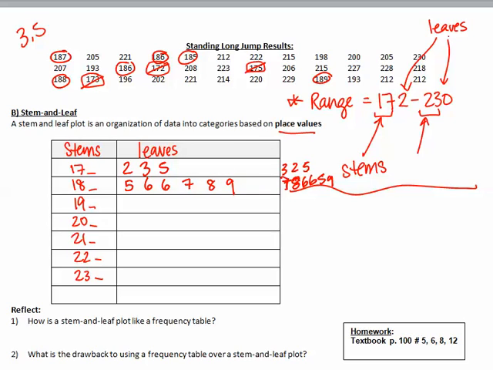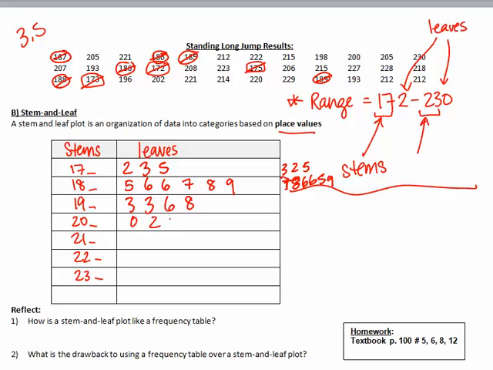So what I'd like you to do is pause the video and continue the rest of these data points based on the numbers that are there, what you see, and see if you can get the same answers we do. So if we continue along and we continue putting these numbers in order, I see that this ends up being 193, 193, 196, and 198.